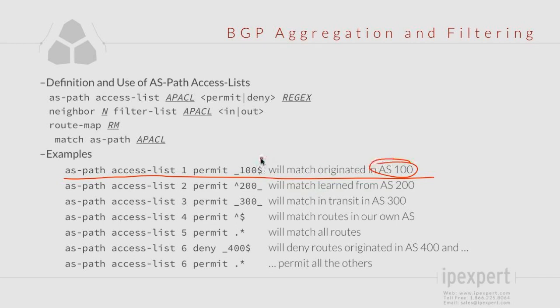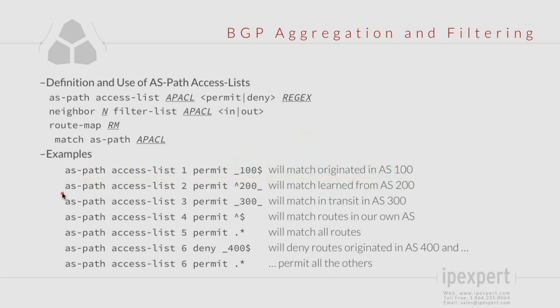Why? Because we are reading this backwards. So we have the end of line, the end of our path, immediately preceded by 100, immediately preceded by any separator. Now, mind you, a separator can be white space or can be the beginning of the line. That doesn't matter. Our requirement was simply to match the routes originated in AS 100.